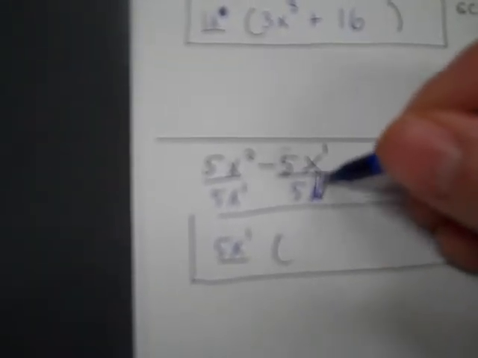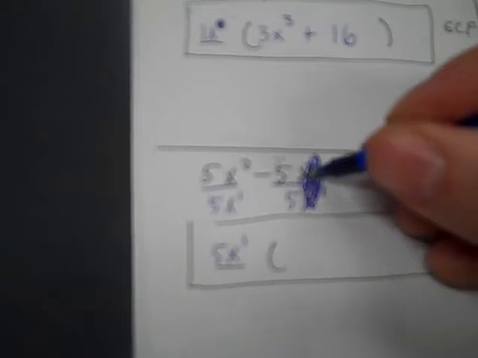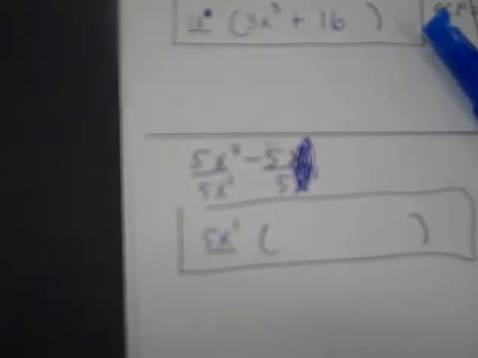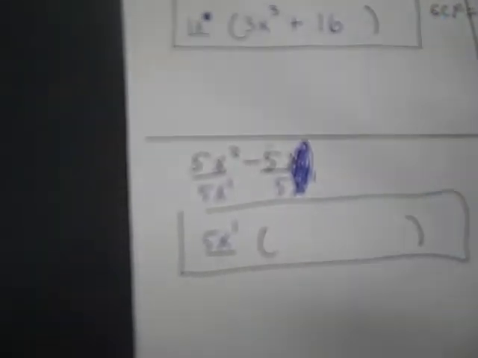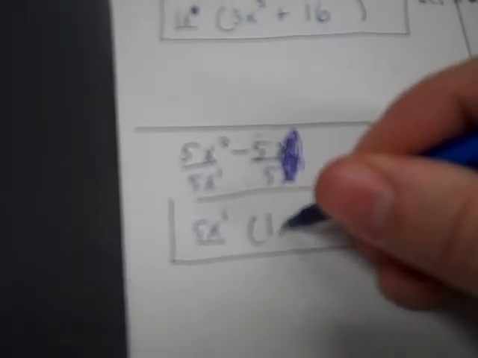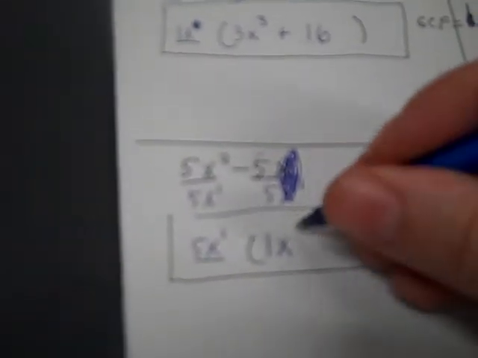So 2 and 1 are different. 1 and 1 are the same, so we can cross those out. And then I take 5 divided by 5. That's 1. Then there's an x, and then on the x, we take 2 minus 1, and that's 1. 1x to the first.